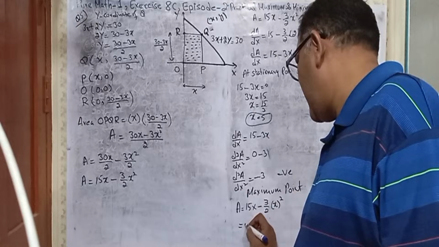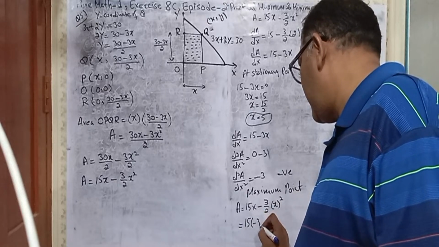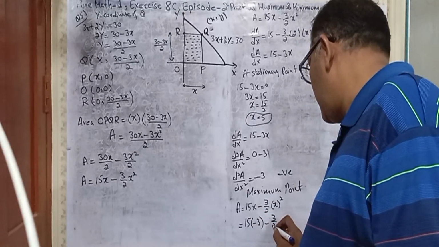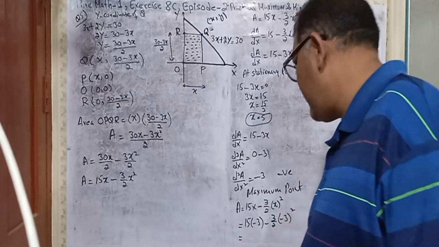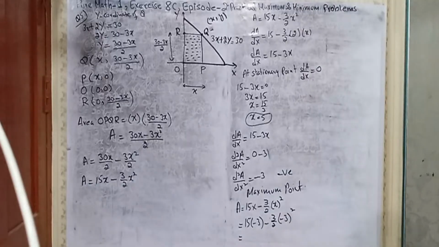Just put those values, 15 into minus 3 by 2 into minus 3 squared. Then we use our calculator. On my calculator, I will write 15 bracket start minus 3 bracket close minus 3 divided by 2 multiply bracket start minus 3 bracket close square and equals.